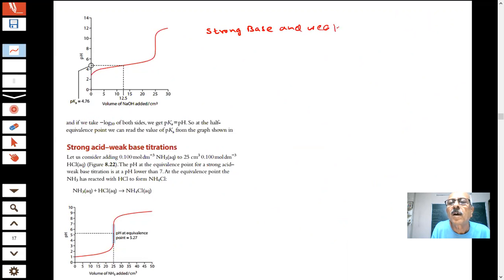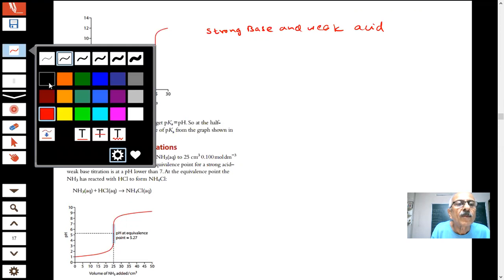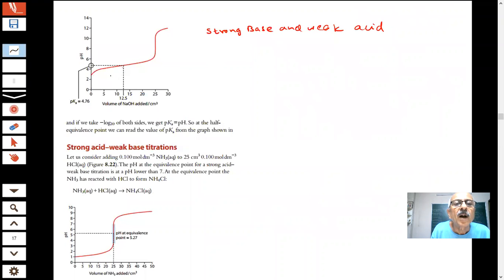Starting from 2.3 or something, and this is the half of this. At this half point, you can see 12.5 milliliter. 12.5 milliliter is half of the 25 milliliter.